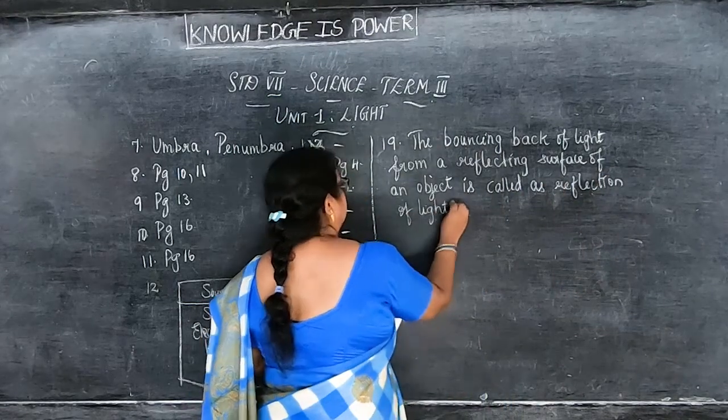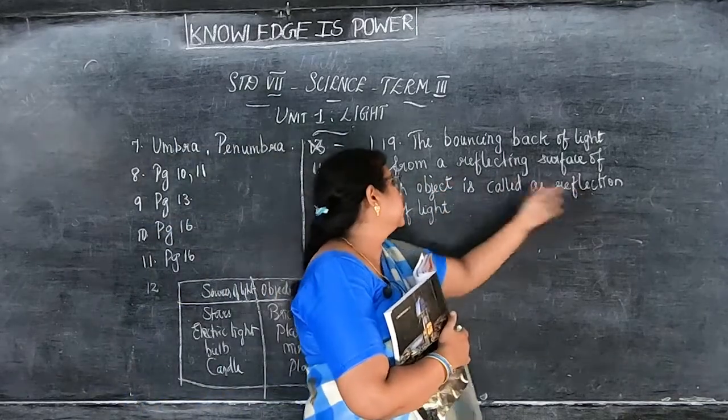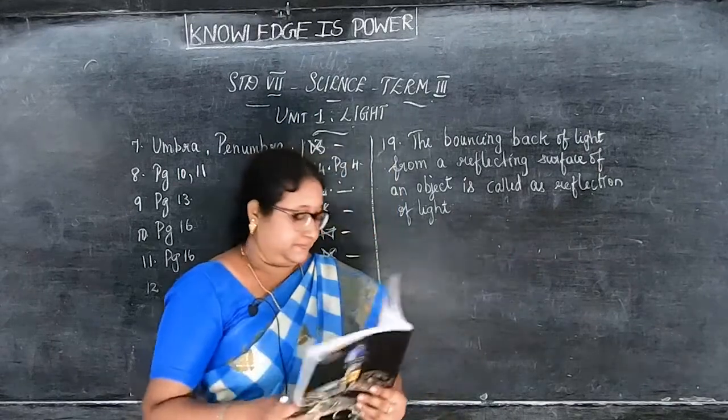Okay, children, so what is the answer? The bouncing back of light from a reflecting surface of an object is called as reflection of light.